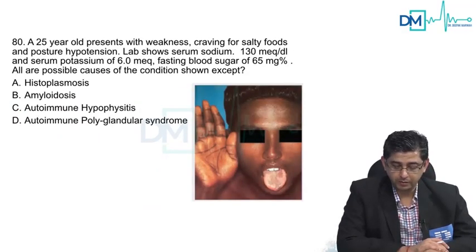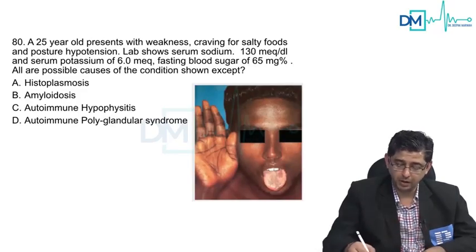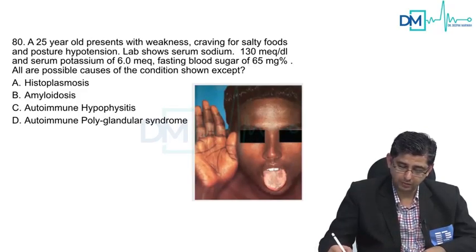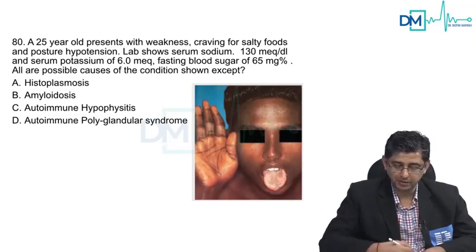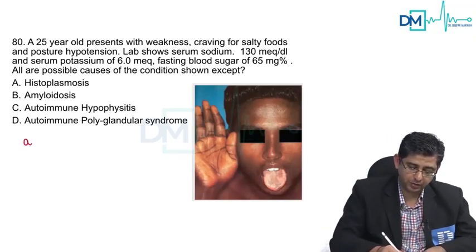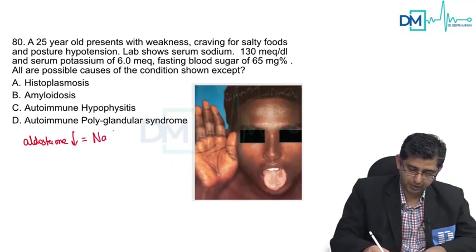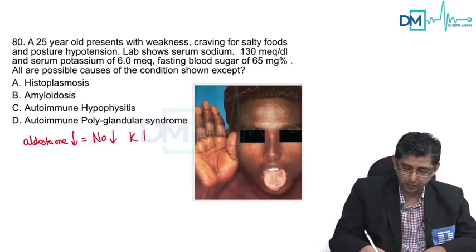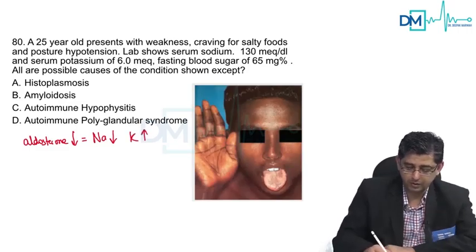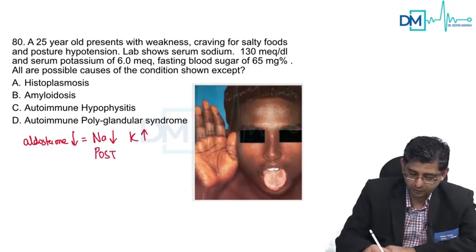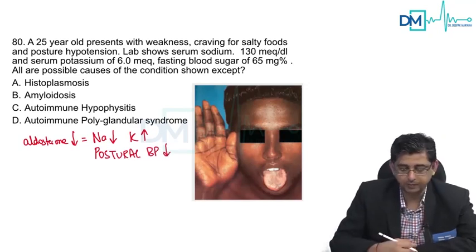Okay, a 25-year-old patient presents with weakness, craving for salty foods and postural hypotension. Labs show low sodium with elevated potassium. The first statement of this question tells me there could be an association of aldosterone in this question. Why I'm suspecting aldosterone is because sodium in this patient is less than normal, 130, and potassium is more than normal, plus there is a history of craving for salty foods and postural hypotension, so that favors aldosterone deficiency.